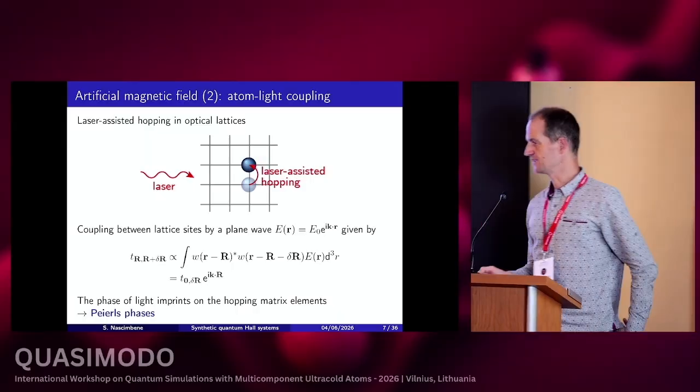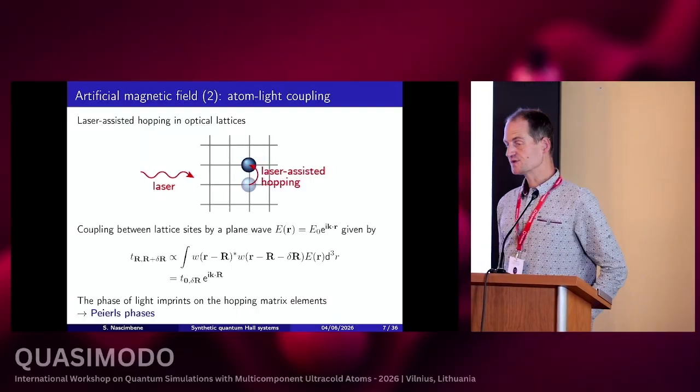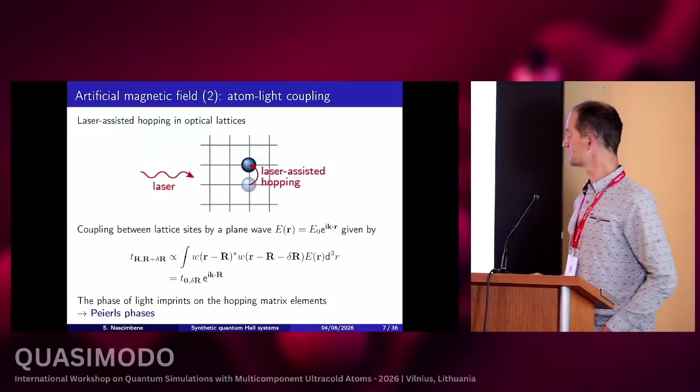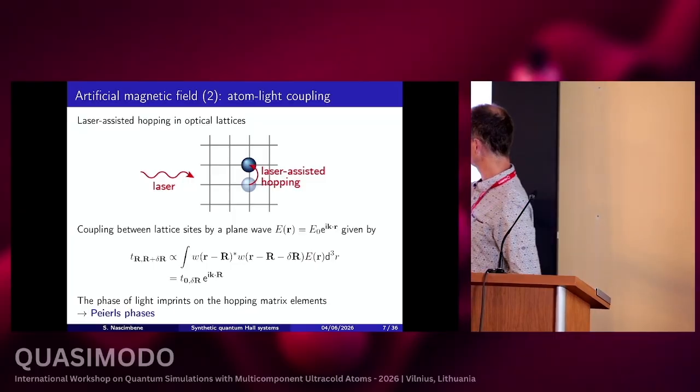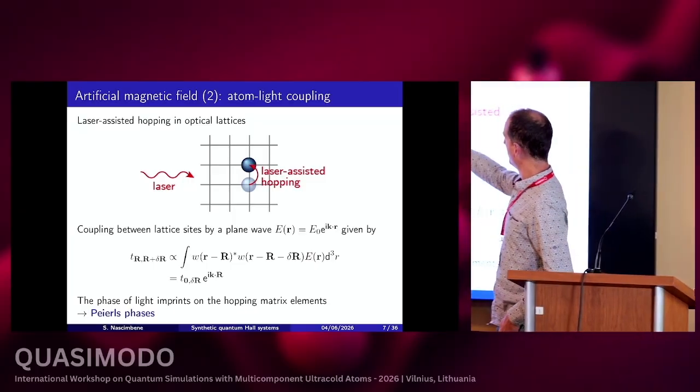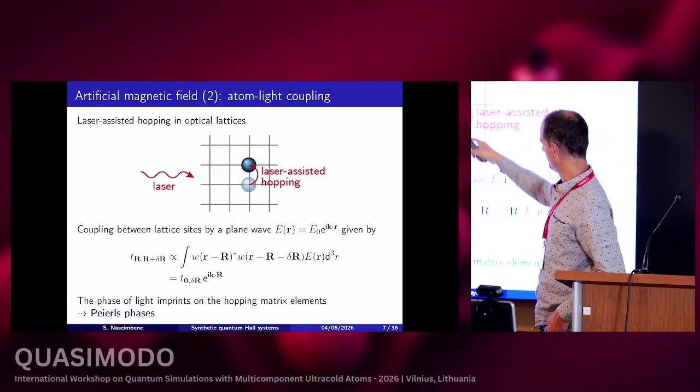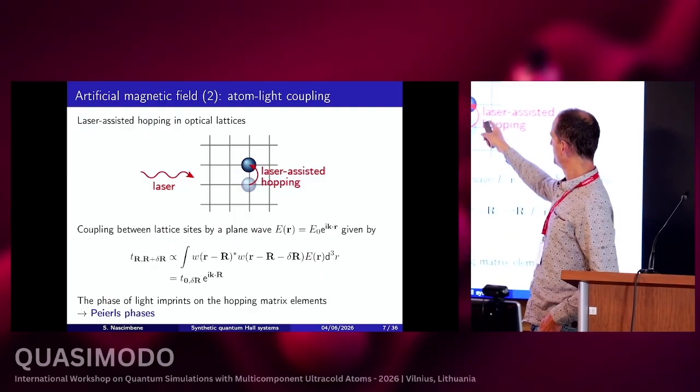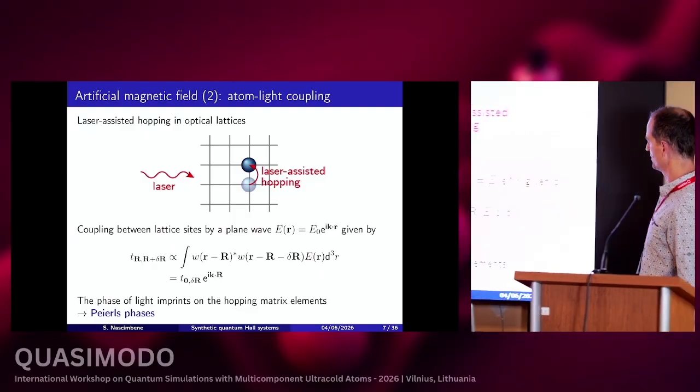Another class of technique is to use atoms in optical lattices. So the atoms are held in a discrete set of lattice wells and can hop via tunneling from one well to another.